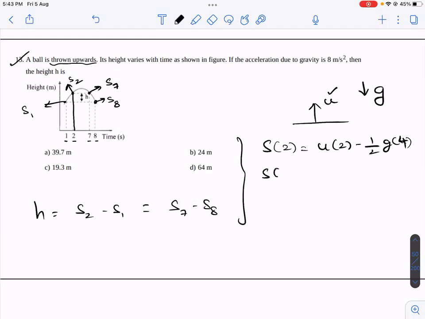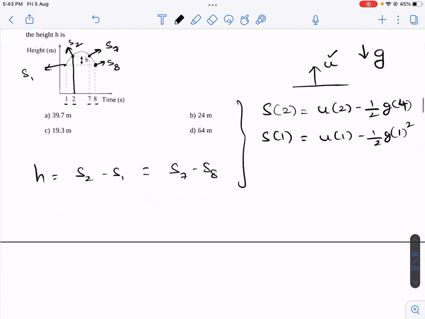Similarly, what is the displacement of the particle in 1 second? ut minus half gt square. So what is s of 2 minus s of 1? That is going to be equal to 2u minus 2g minus u minus g by 2.